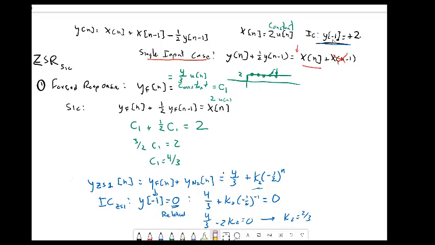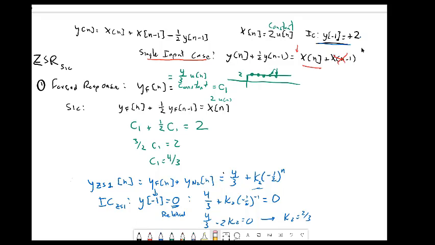When we solved the zero input response, that was the response of the system to this initial condition. That's what we found when we were solving that previous part, the zero input response. Now we're trying to find what is the response of the system to the new input if there were no initial conditions, if the system had been relaxed. So we're trying to isolate the part that was due to my new input.